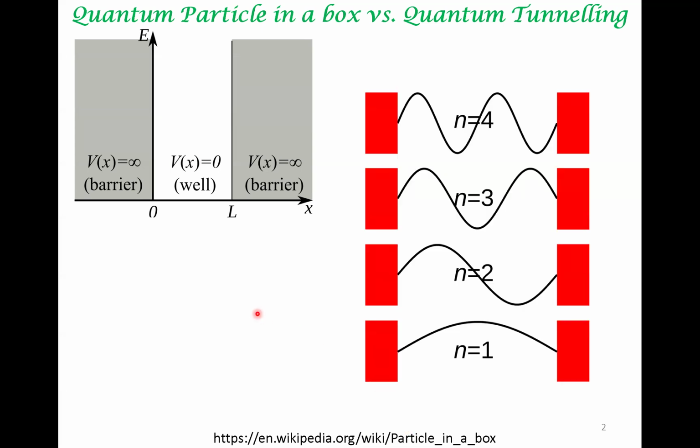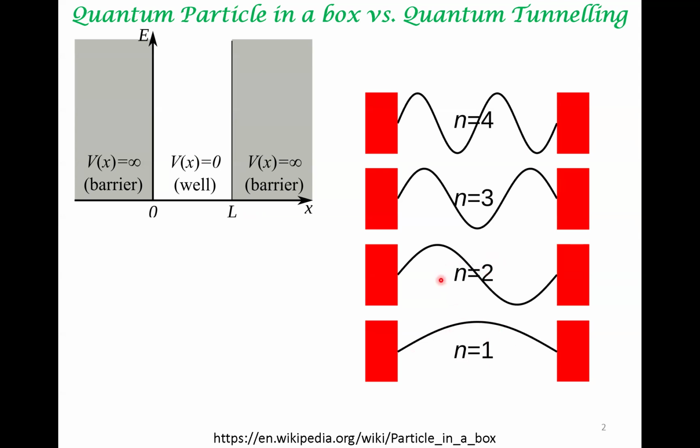So for this problem, that is, having solved the Schrodinger equation for a particle in a box, you get these kinds of eigenfunctions, which are the wave functions for this system. Corresponding to each eigenfunction, you have an eigenvalue which indicates the energy of the system. So this is the quantum number for this wave function.